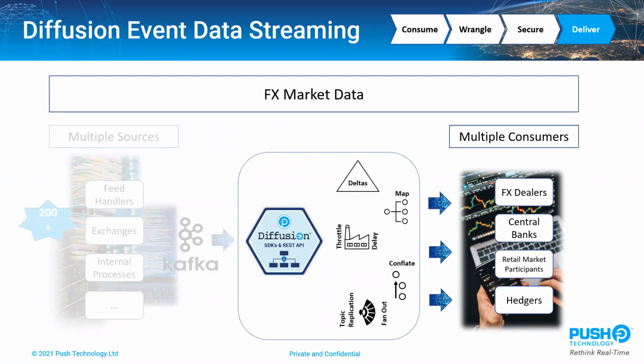So here with the distribution of data and the extension of data to internet scale by Diffusion, I've already described the deltas and the delta streaming and the savings with that. I've already described the mapping capabilities, the topic views to route or create specific views with just the data that that particular consumer wants to see or is entitled to.